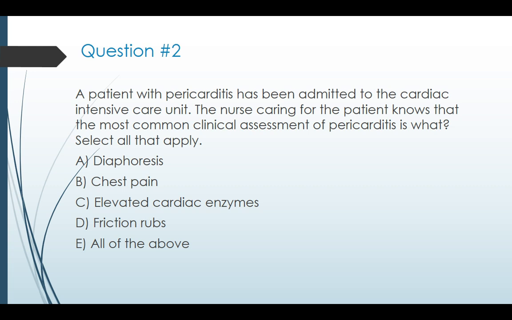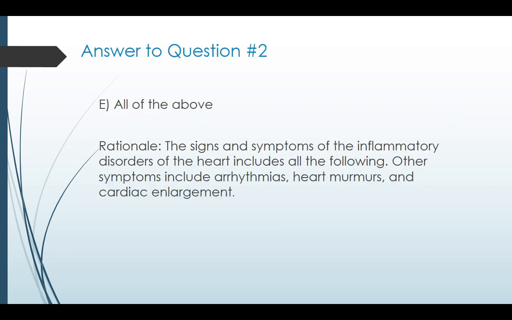Diaphoresis, chest pain, elevated cardiac enzymes, and a friction rub, or all of the above. Which one is it? Well, it's all of the above. The signs and symptoms of an inflammatory disorder of the heart include all of the following. Other symptoms include arrhythmias, heart murmurs, and cardiac enlargement.